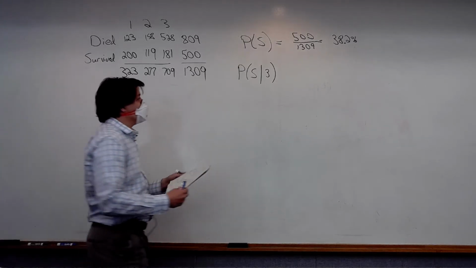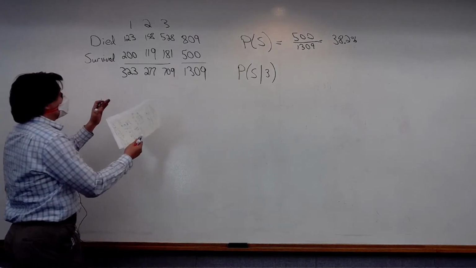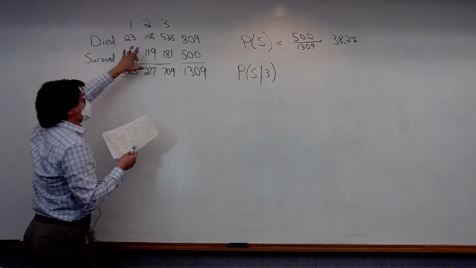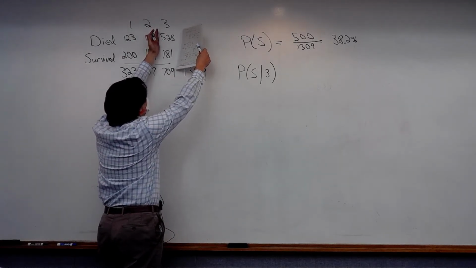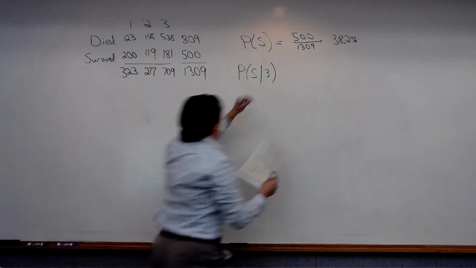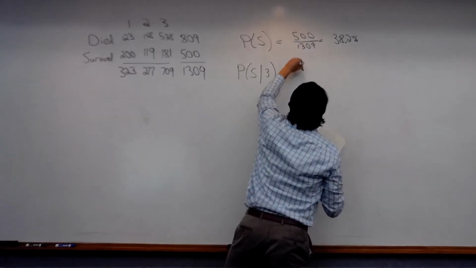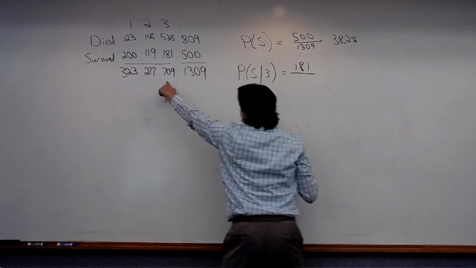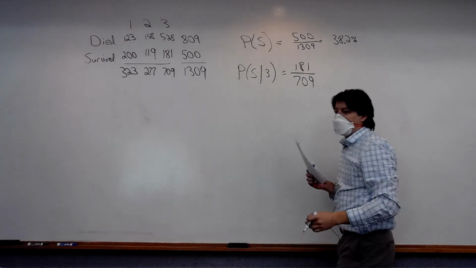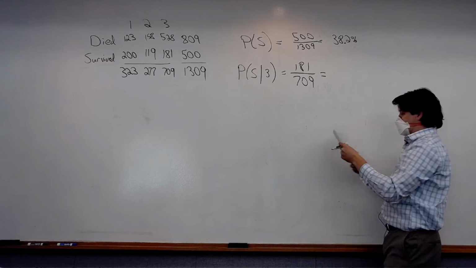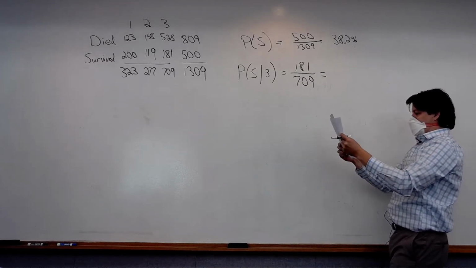And so for that, we don't care about the first and second class passengers. We know that we're talking about third class passengers. So in that case, survived is 181 divided by, again, we're only curious about the third class passengers, so we divide by 709.